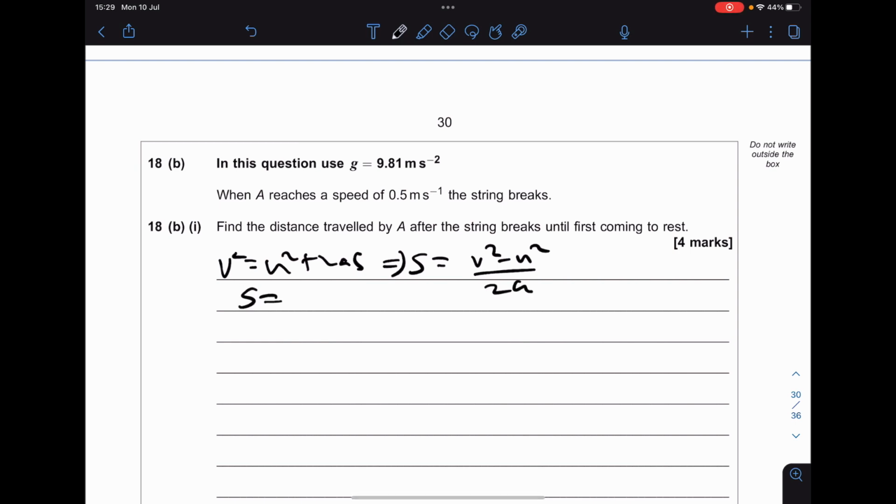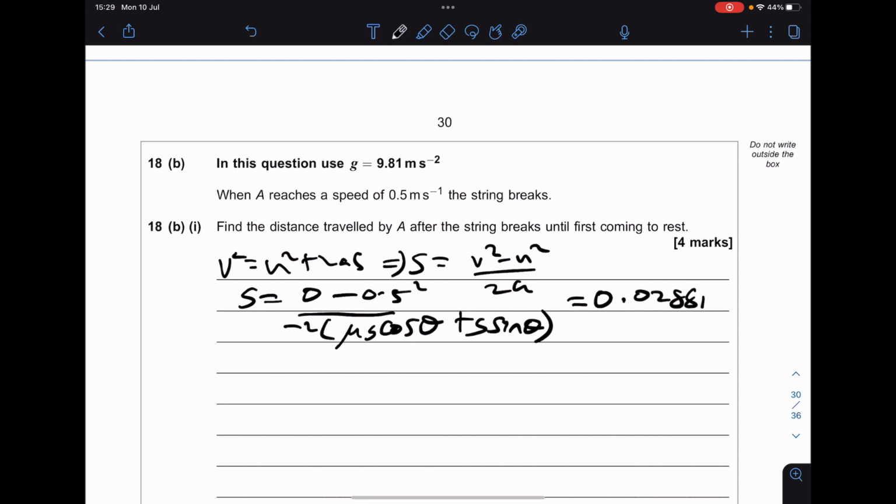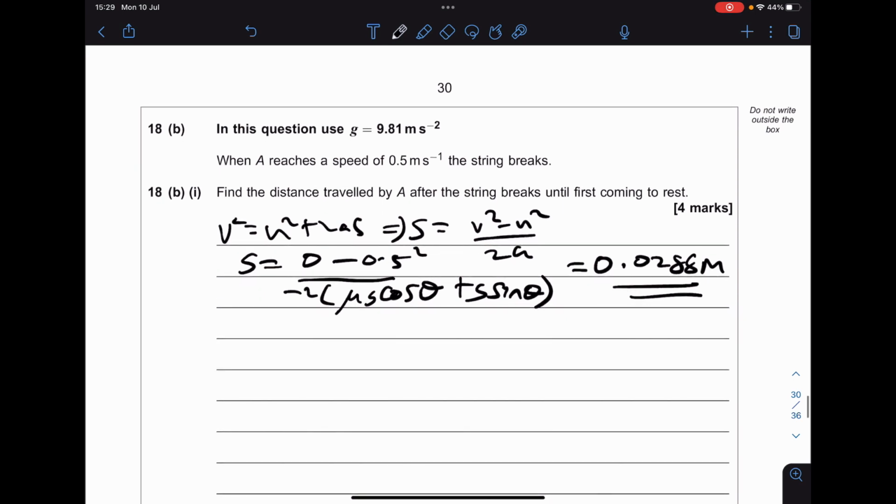So s is 0 minus 0.5 squared over minus 2 lots of mu g cosine theta plus g sine theta. Sub everything in from before, and you get apparently 0.0288 according to my calculator. I don't know if that's right, but that's what I get. Because it's when the string breaks, I'll make sure we're taking g as 9.81. But apart from that, just go along with it.